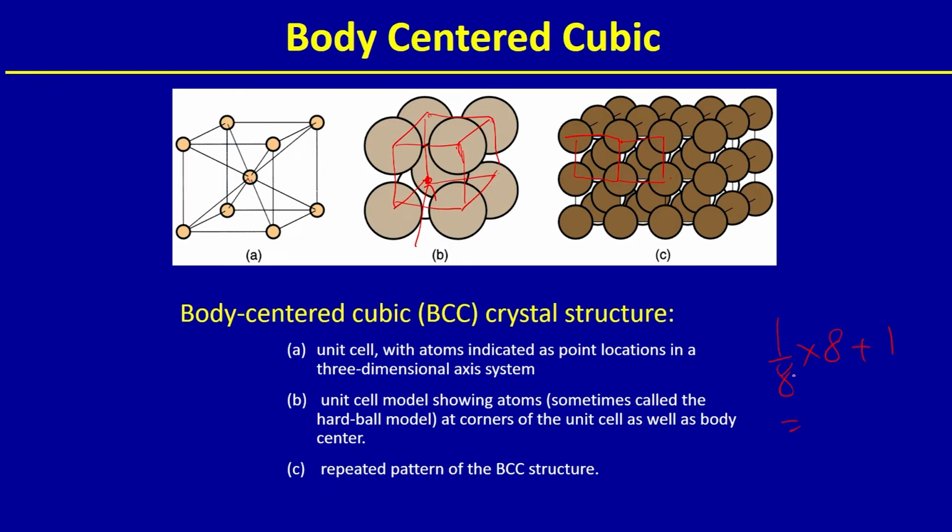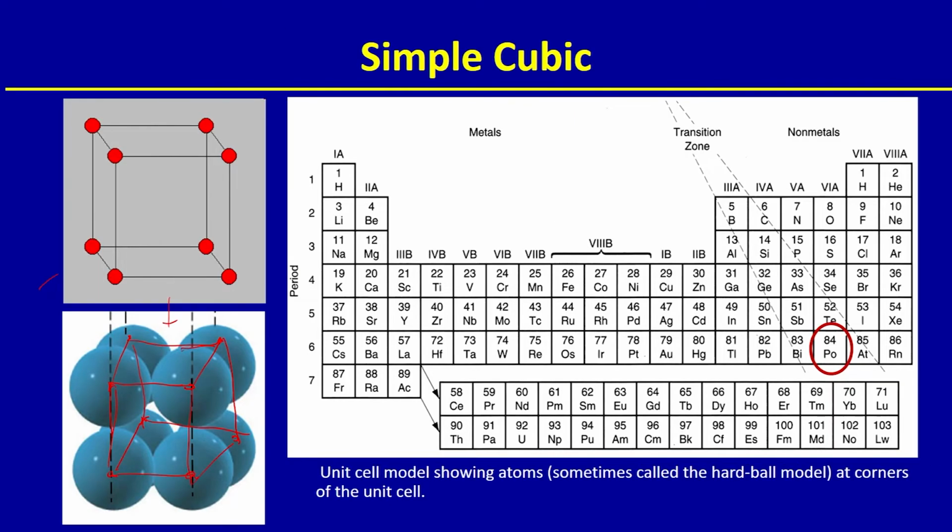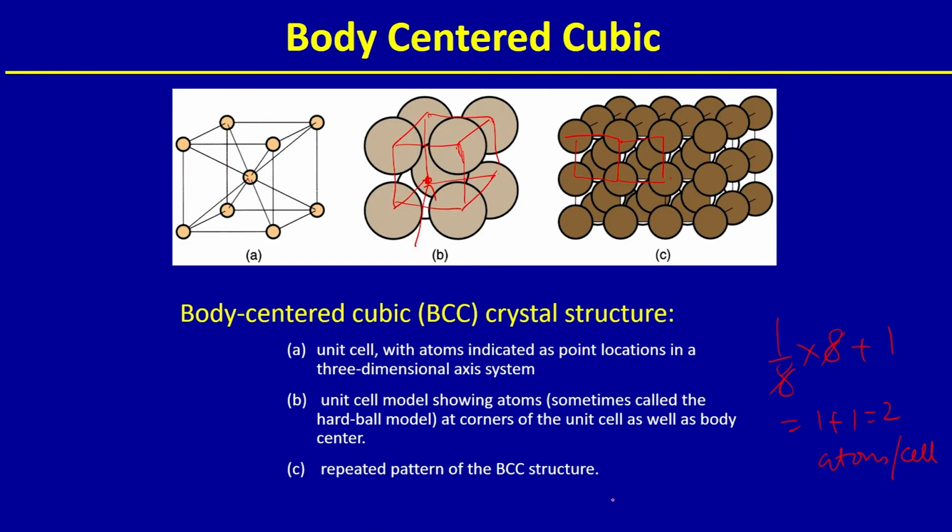That is equal to 1 plus 1, that is 2 atoms per cell. But in a simple cubic, you have only 1 atom per cell: 1 by 8 into 8, that is 1 atom per cell. That is very clear.